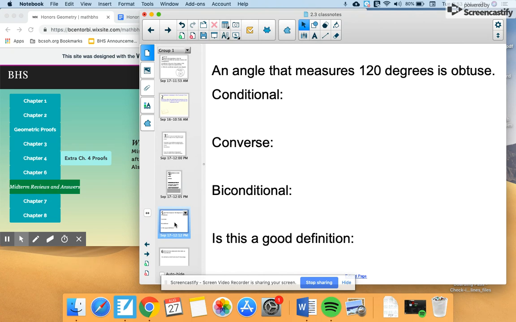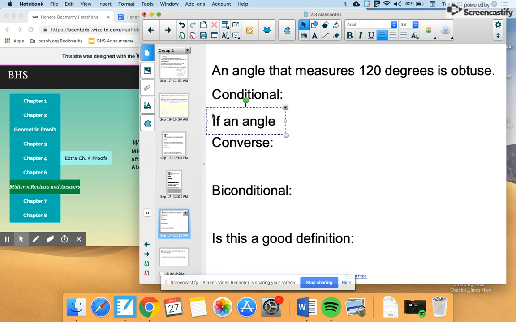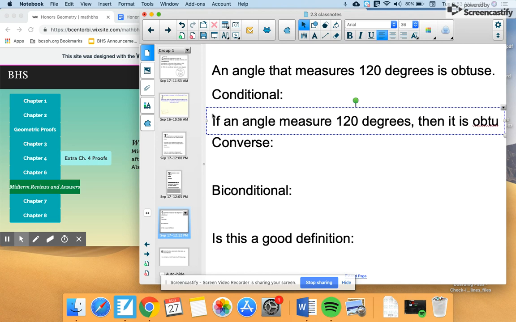So now we're going to look at another example. I have an angle that measures 120 degrees is obtuse. So the conditional, again, I'm just adding an if and a then into that. So I'm going to say if an angle measures 120 degrees, then it is obtuse.